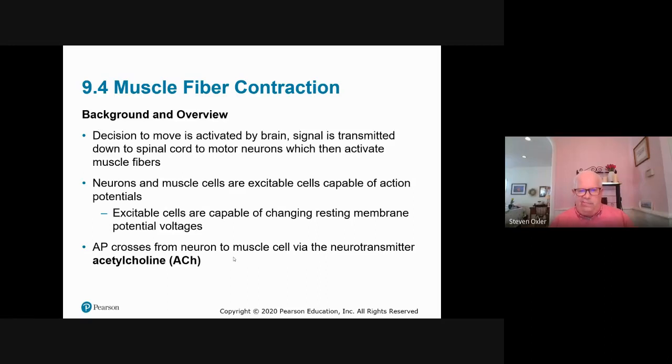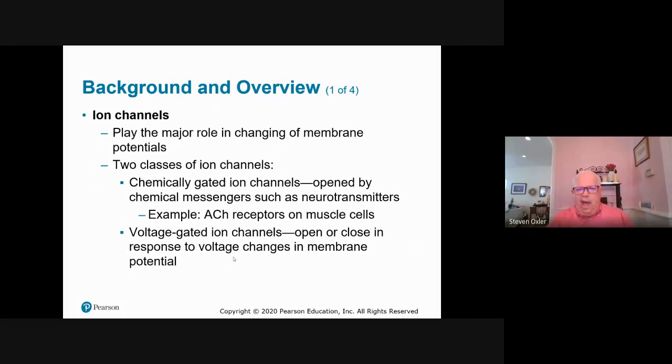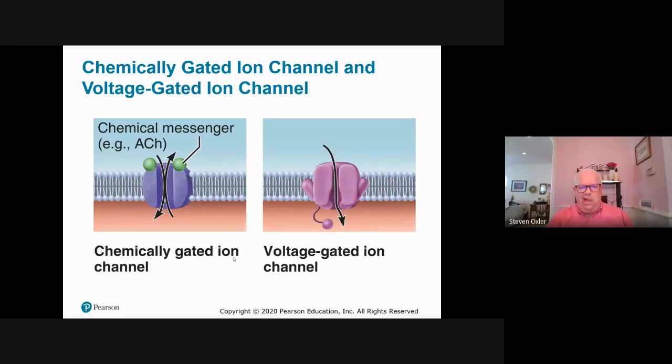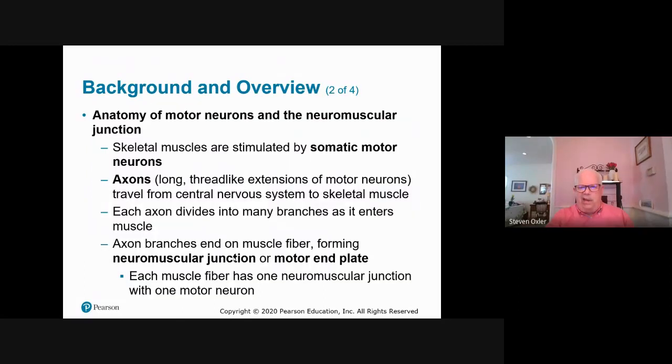That neurotransmitter activates the muscle cell, producing an electrical stimulus in the muscle to move. I'm not really concerned about ion channels. I'm only concerned about calcium. Okay, so don't worry about ion channels, but there are certain words that you really have to know.